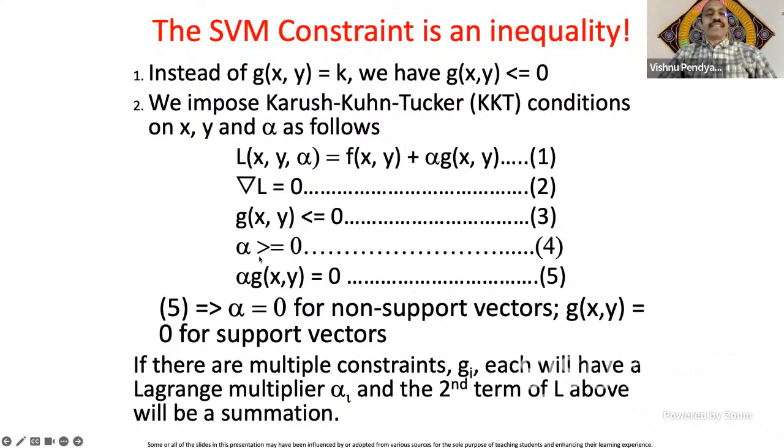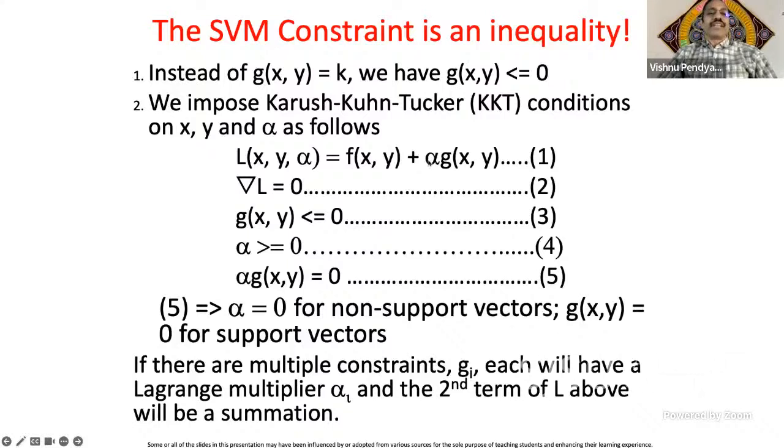And then these are coming from the KKT conditions. First thing is that alpha should be greater than or equal to 0, which is quite intuitive, right? We are trying to minimize f, so alpha needs to penalize the term.